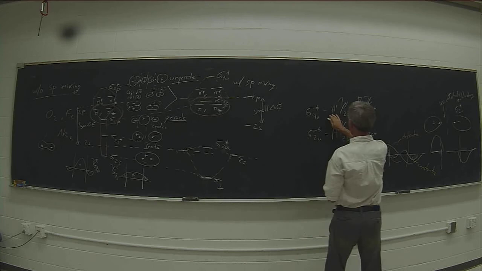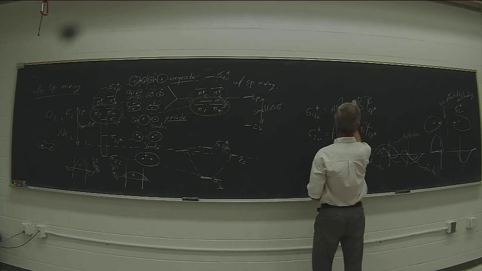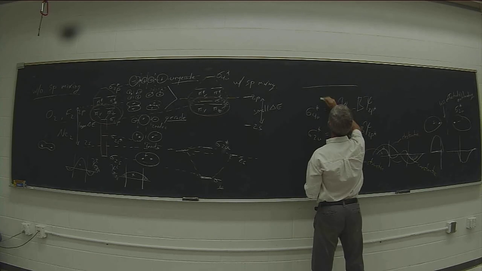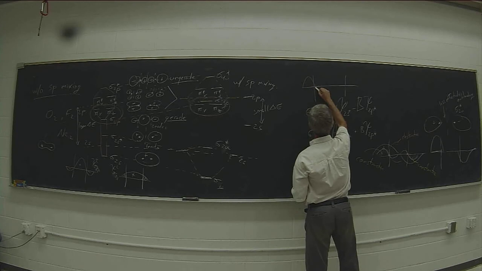What does this one look like? Well, sigma 4u star is going to start with a fairly large coefficient on sigma 2p star. Right? Sigma 2p star will look like this.